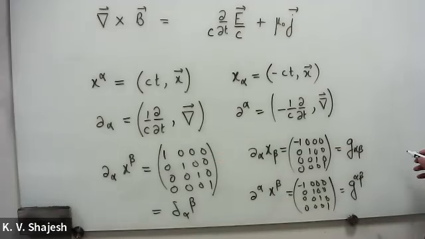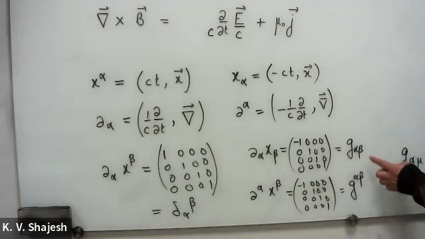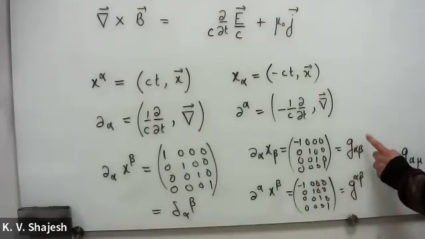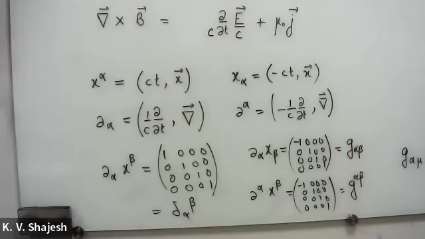So there is also this relation that if I do G alpha mu and G mu beta, whenever there is one up and one down and it is being summed, this is like matrix multiplication of these two. Then you get delta alpha beta. So this is the inverse of that, and 1 over -1 is -1 itself, right? So in that sense. Okay.